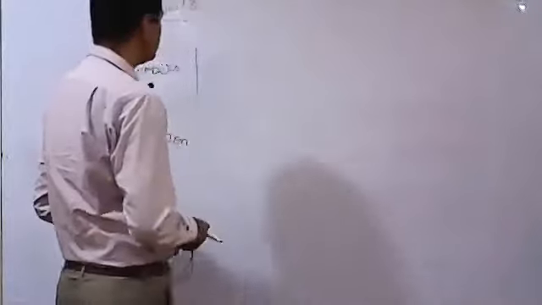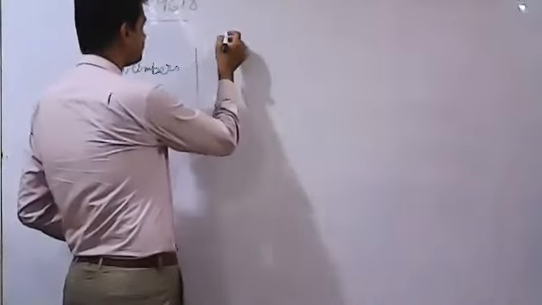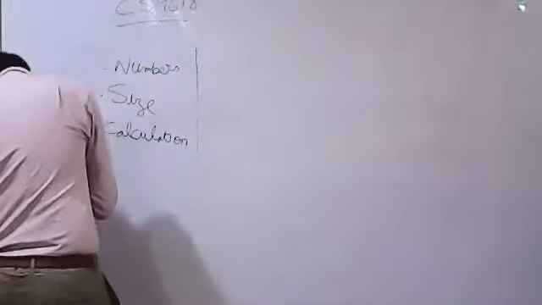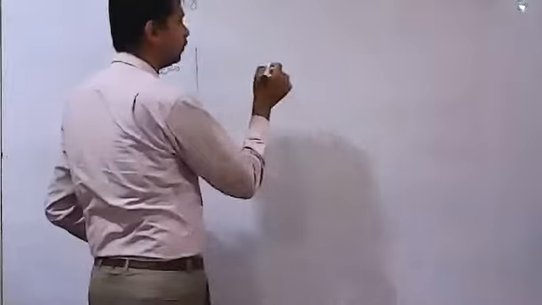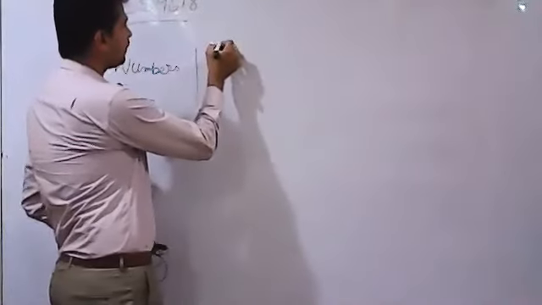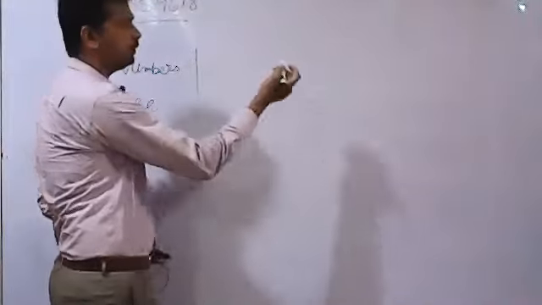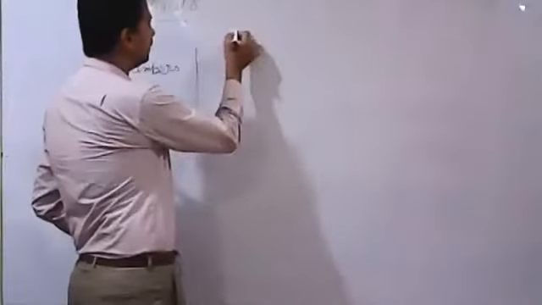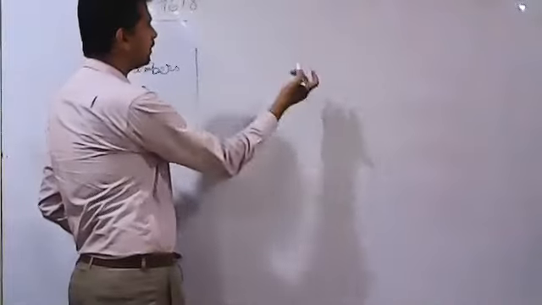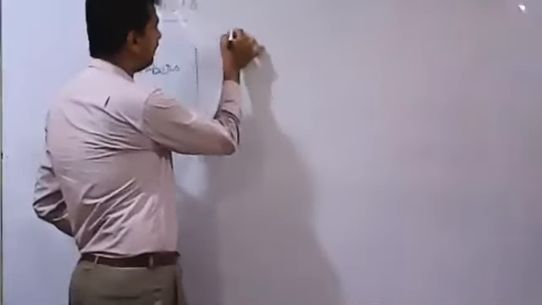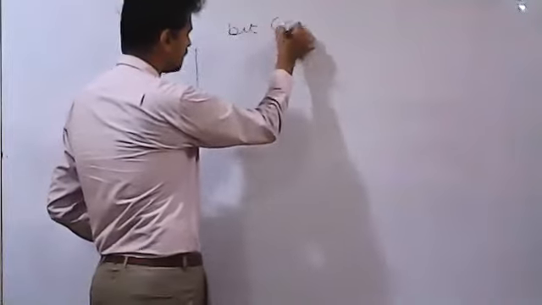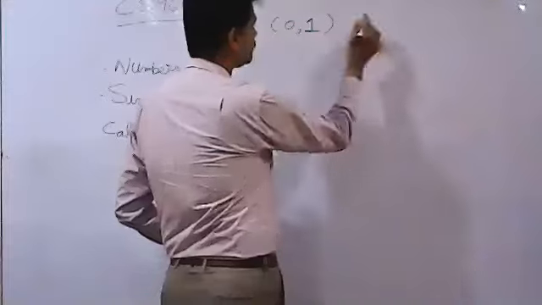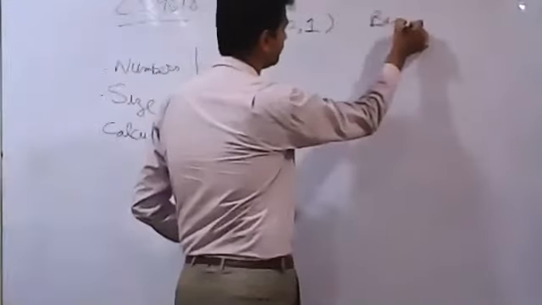So the first thing about the size calculation, we learned yesterday that basically computer calculates everything in binary. So a bit, which is a 0 or a 1, is actually the abbreviation of a binary digit.